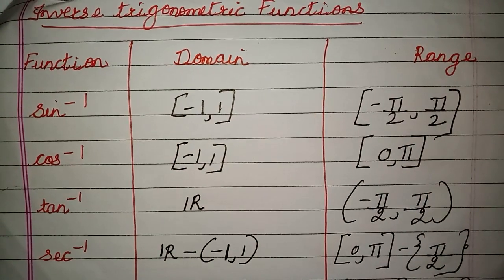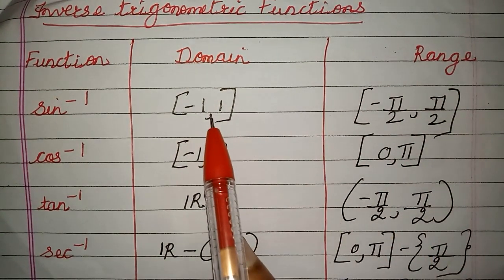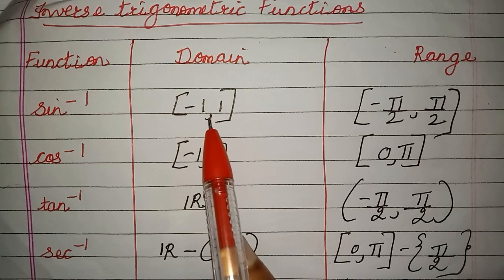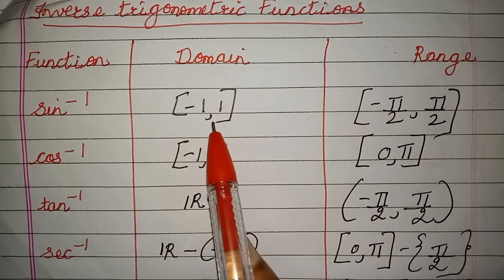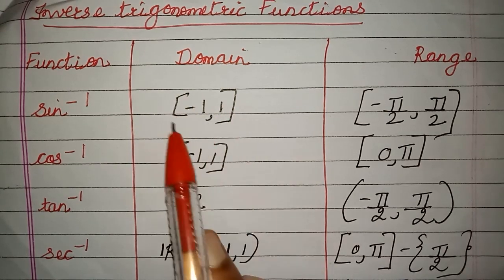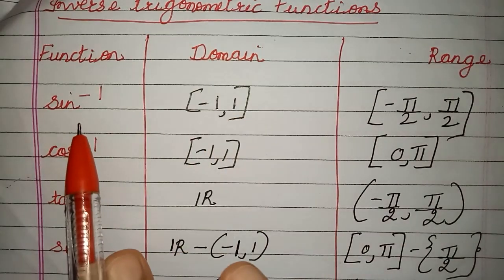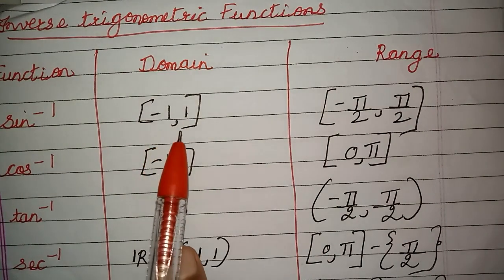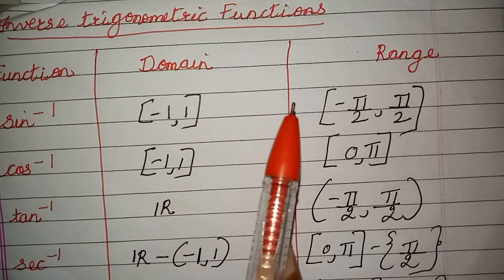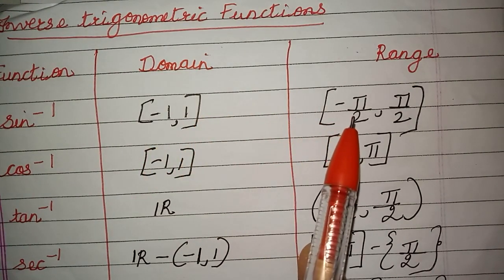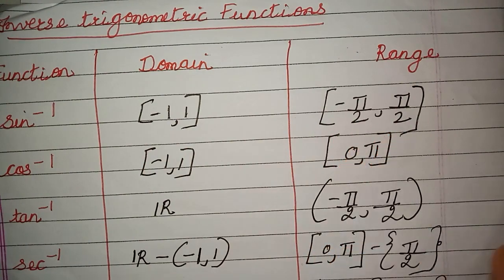And yesterday we saw that if the domain of the inverse function of sine is restricted to minus 1 to 1, then your function becomes bijective and sin becomes sin inverse, with all unique images from the domain set having range minus pi by 2 to pi by 2.